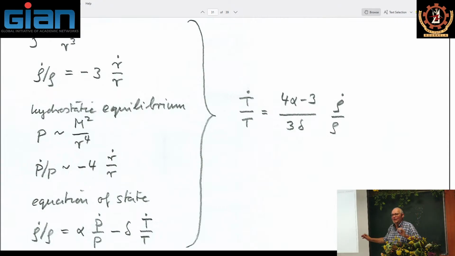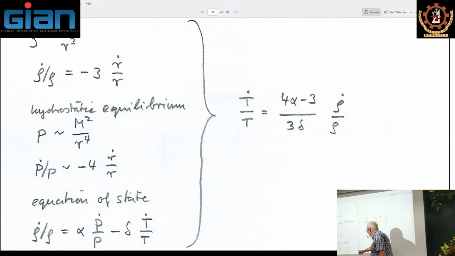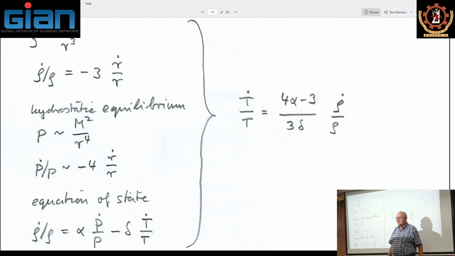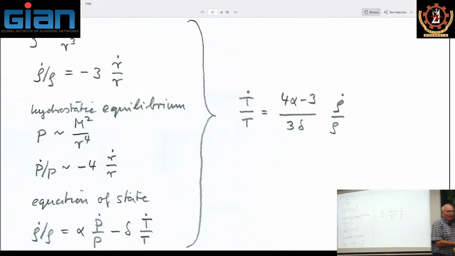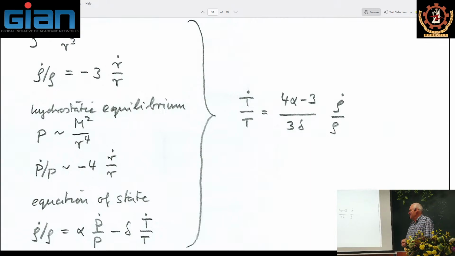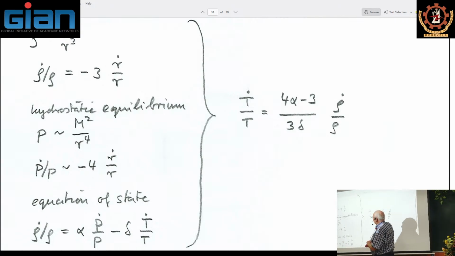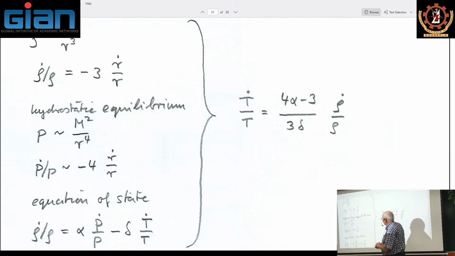This is our famous coefficient alpha times P dot over P, minus our famous coefficient delta, d log rho by d log T at constant pressure, times T dot over T. Okay, what do we do now?